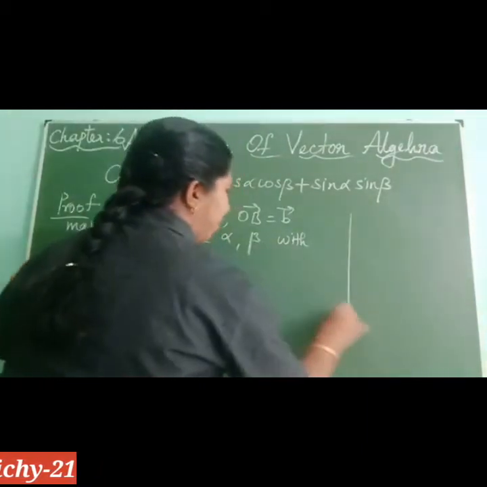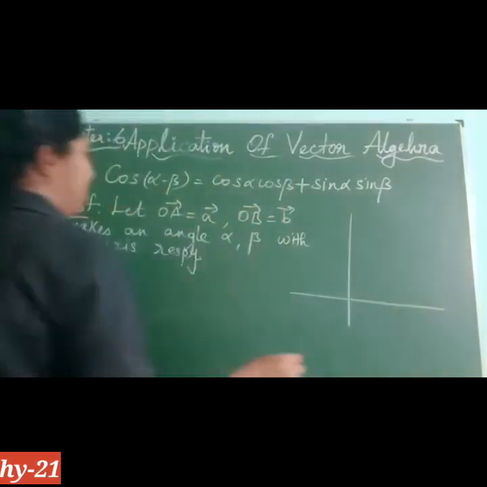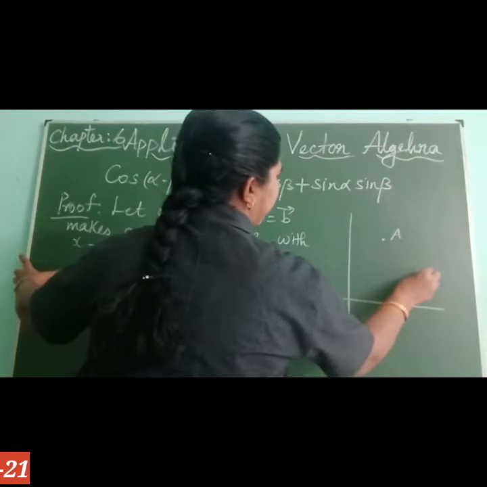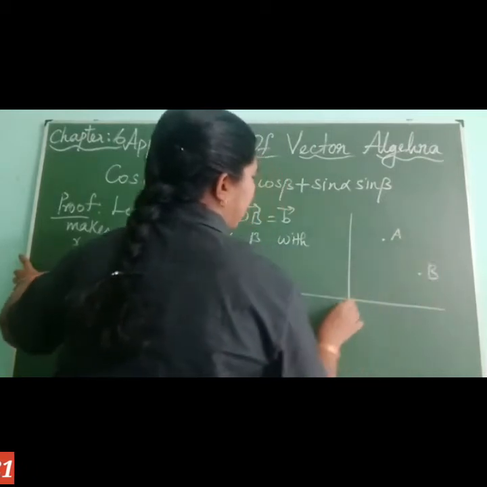So we have to draw the figure for this. We are taking 2 points. This is A, this one is B, this is O.